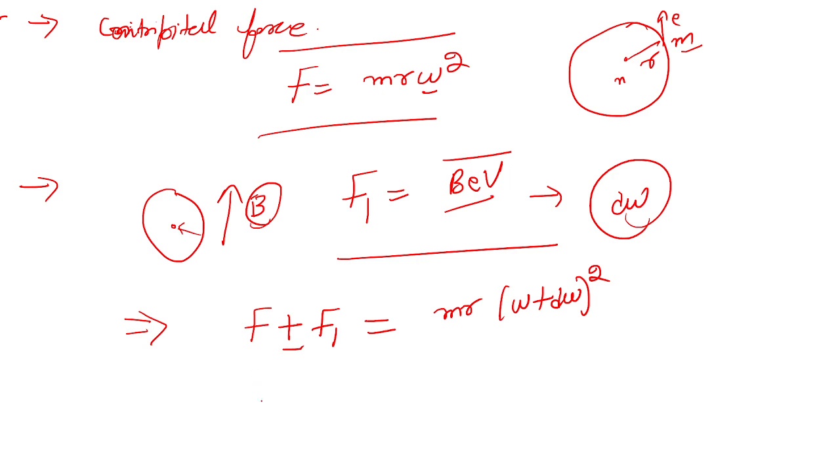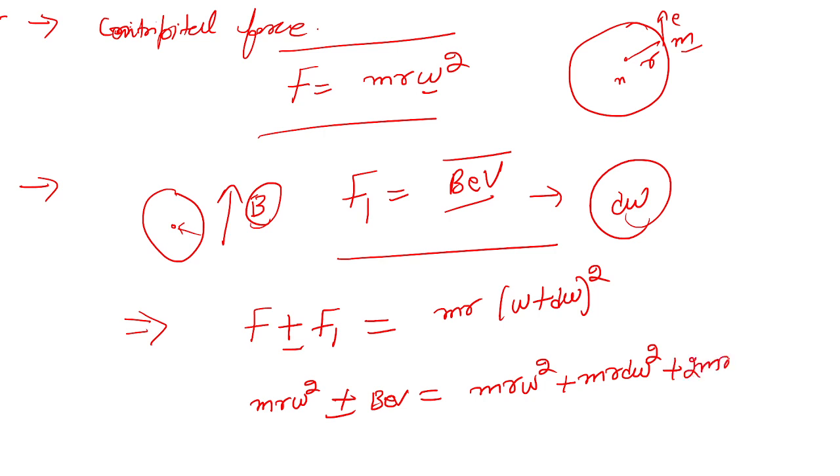F is the centripetal force, m r omega square, plus or minus BeV is equal to m r omega square, and I am expanding this, plus m r d omega square plus 2 m r omega d omega. So in this expression, this term gets cancelled out, and this is also neglected.